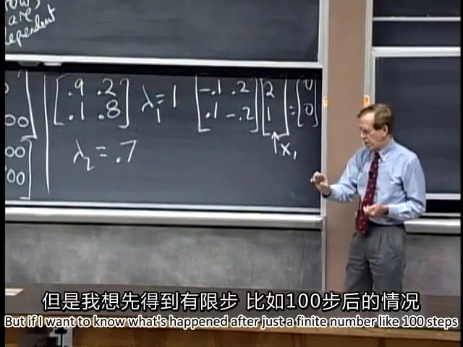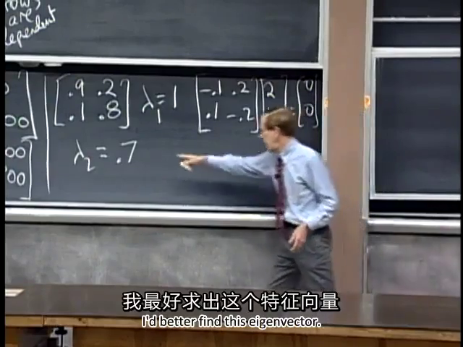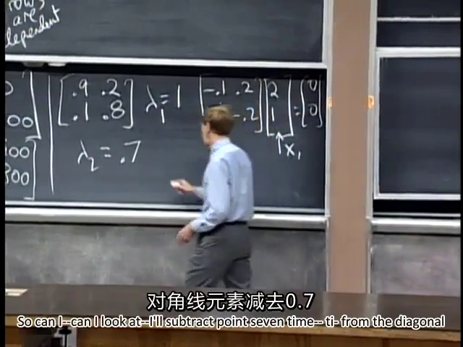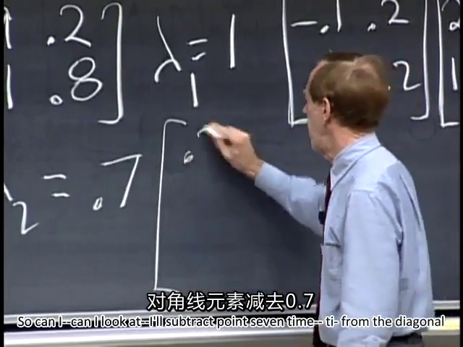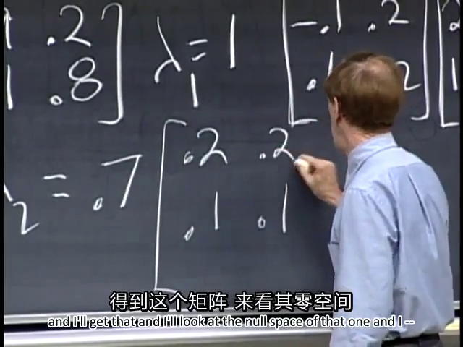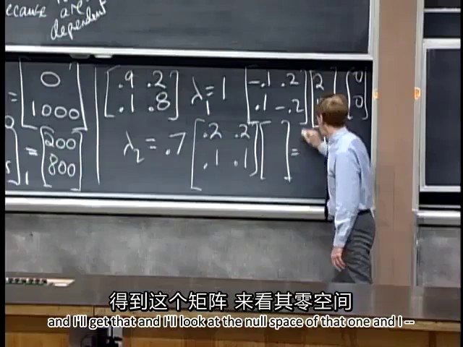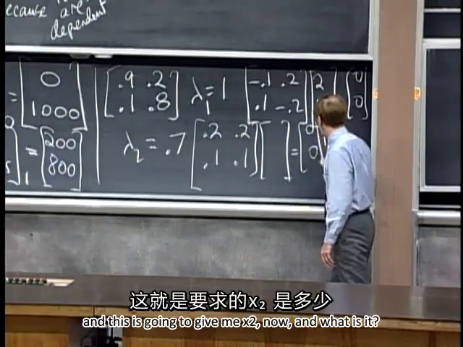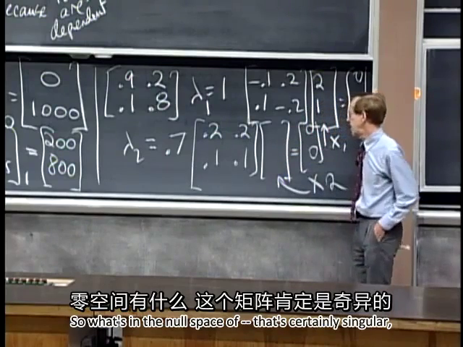But if I want to know what's happened after just a finite number like 100 steps, I better find this eigenvector. So I'll subtract 0.7 from the diagonal, and I'll get that. And I'll look at the null space of that one. And this is going to give me x2 now, and what is it? So what's in the null space?